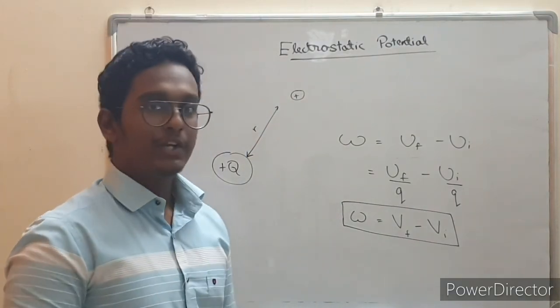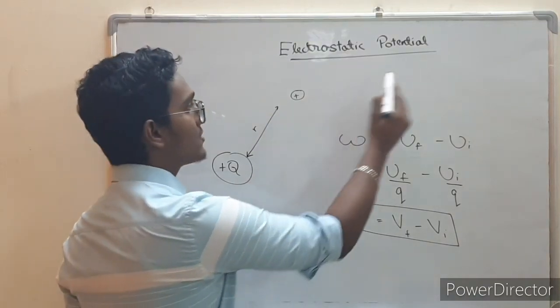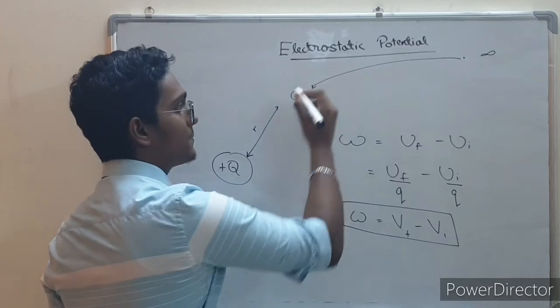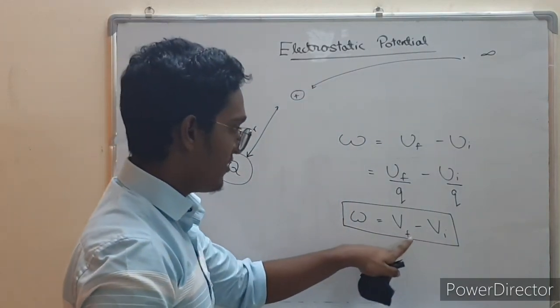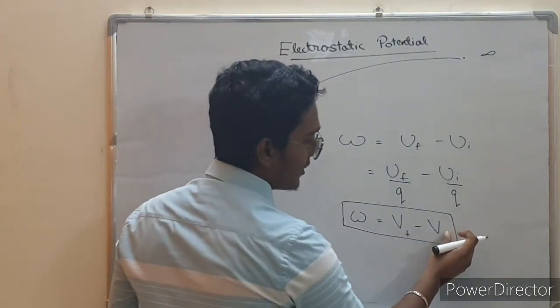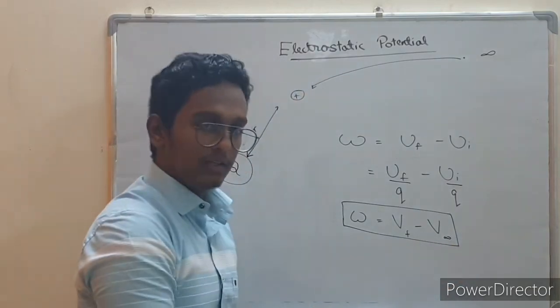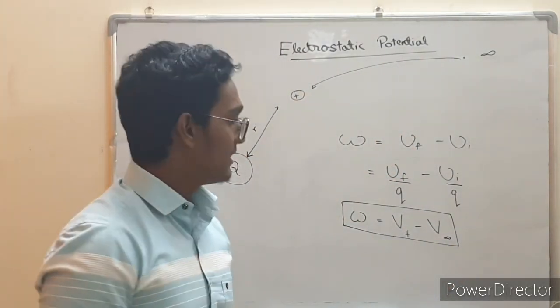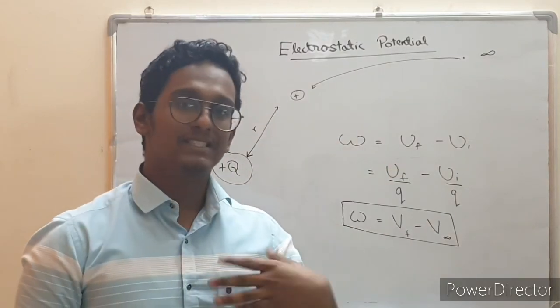How do you find that? You assume that you're bringing this charge from infinity. Bringing it from infinity to this point, it's going to be Vf minus V of infinity. The initial point was at infinity, and we make an assumption that the potential at infinity is 0.